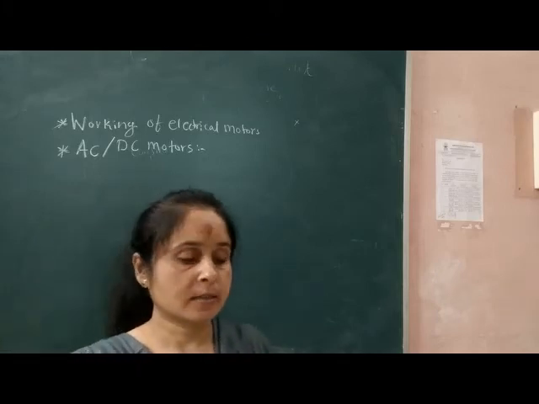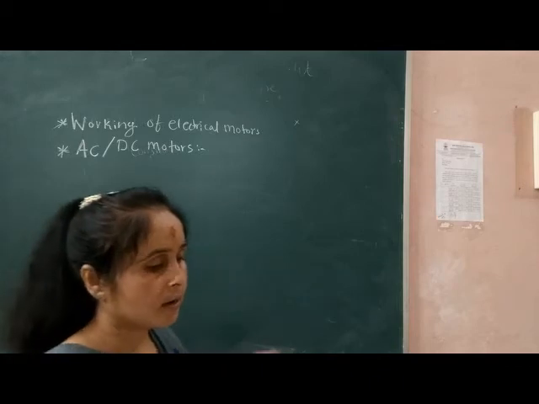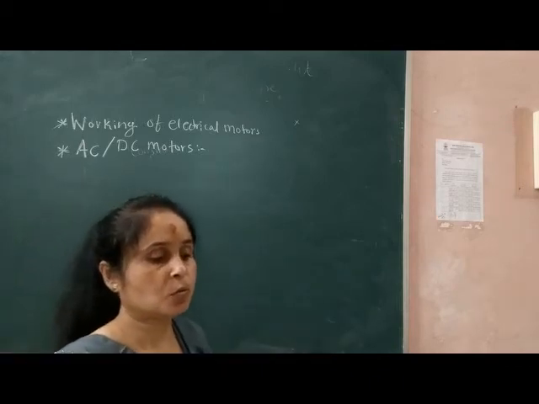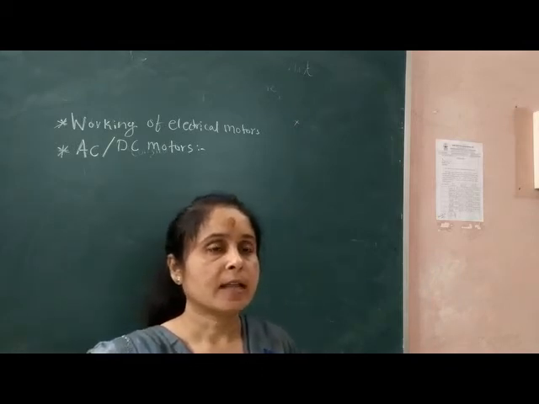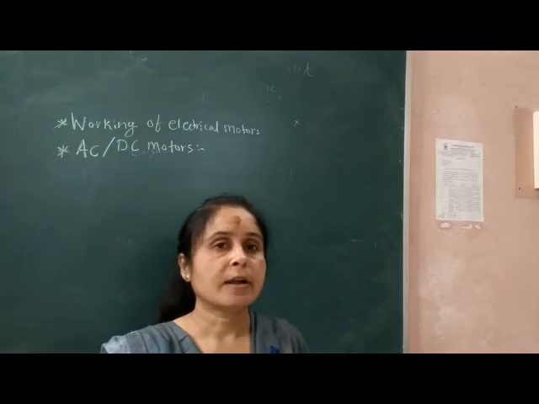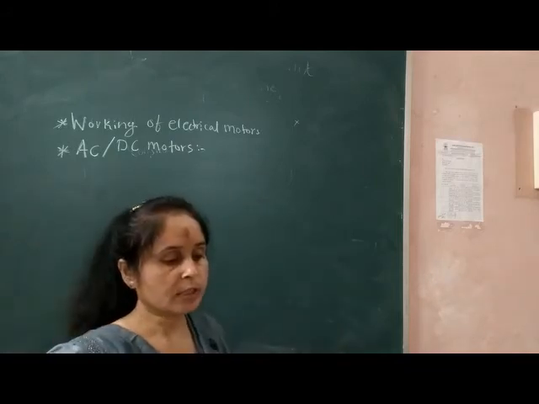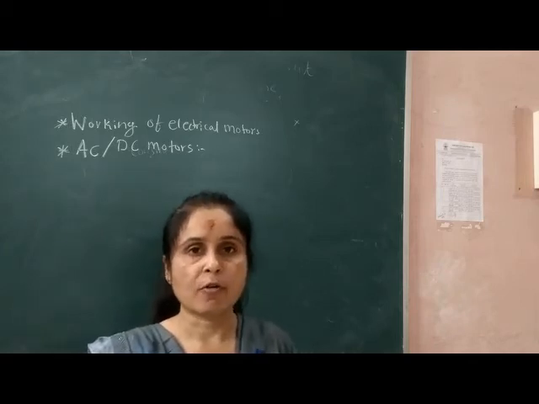In this electrical circuit, the DC motor is electrically connected directly to the electrical source, and is constructed with brushes and a commutator.